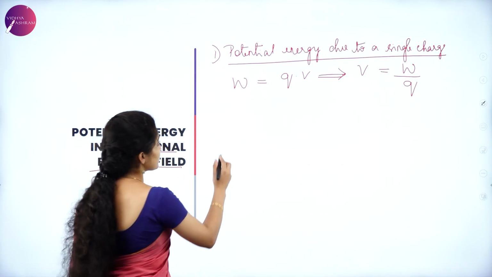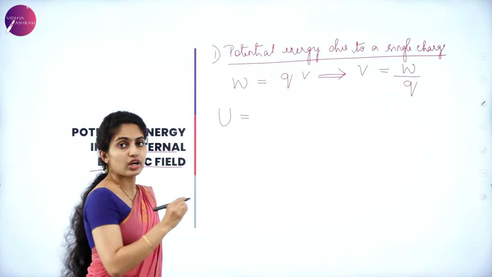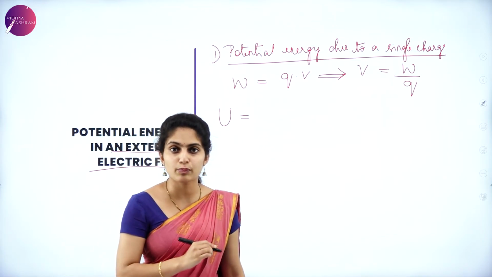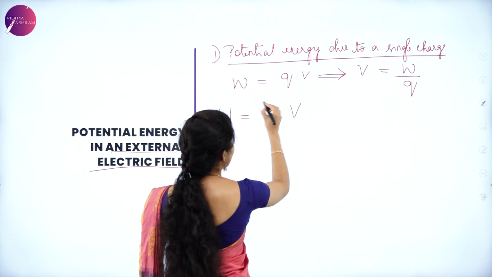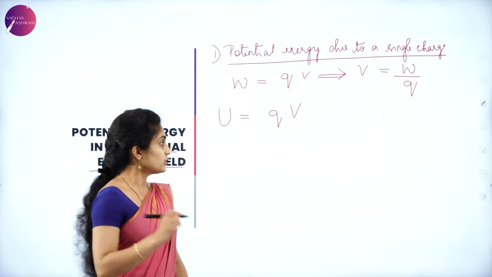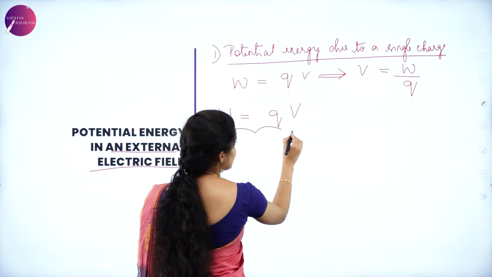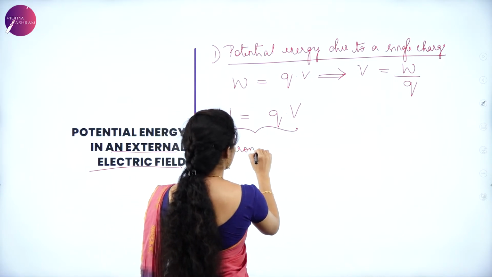So in order to get the charge Q from one point to the other point, we have U is equal to Q into V. We can replace this W by the potential energy, that is U. Having this, you can easily define the concept of 1 electron volt.